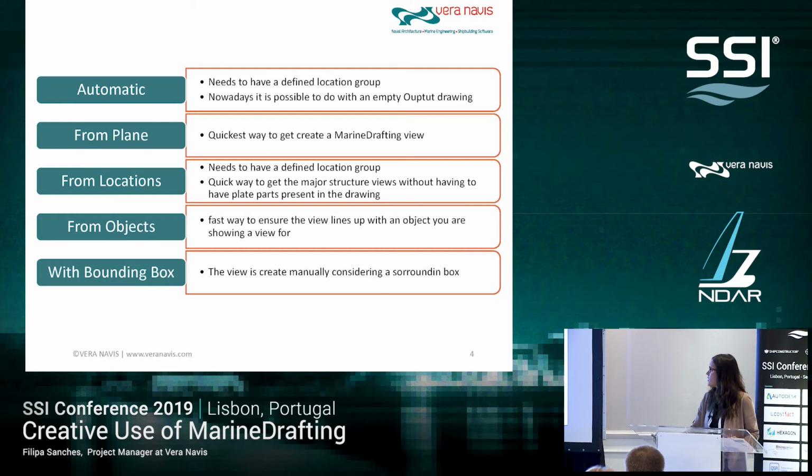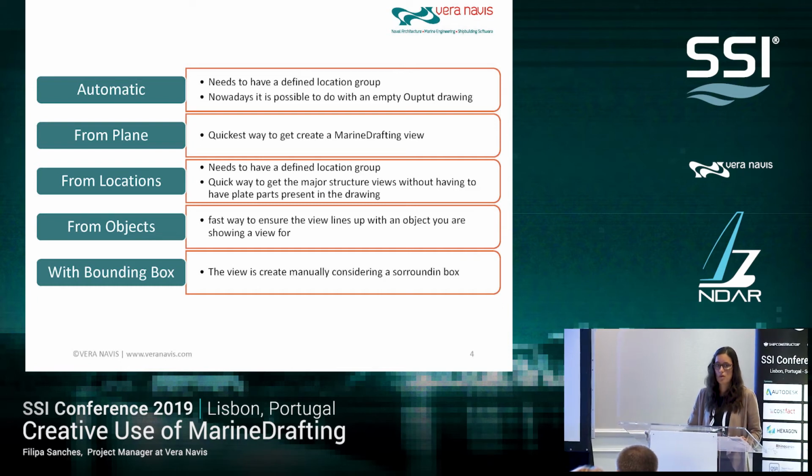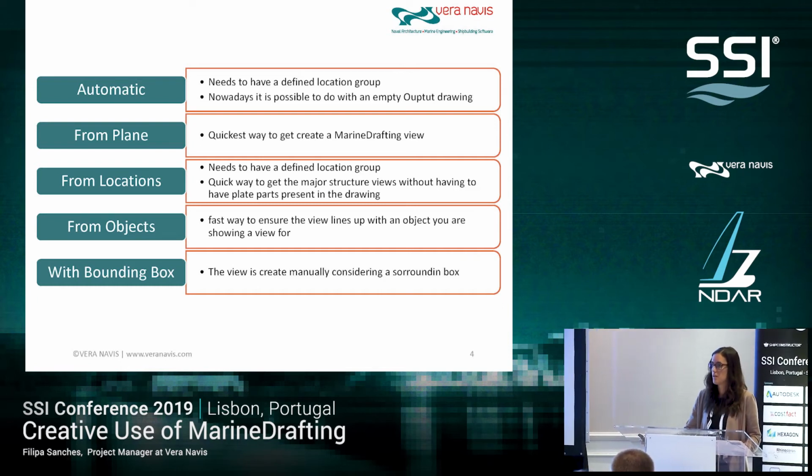And then from objects, for example, if you have a stiffener that is not aligned to the reference lines, you can pick the stiffener or whatever part you want, and then the marine drafting will create a view that is aligned with the part.